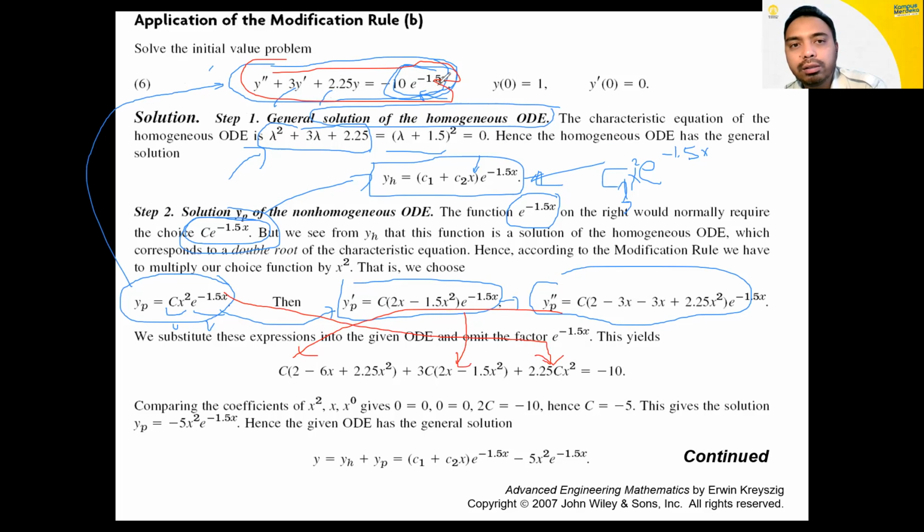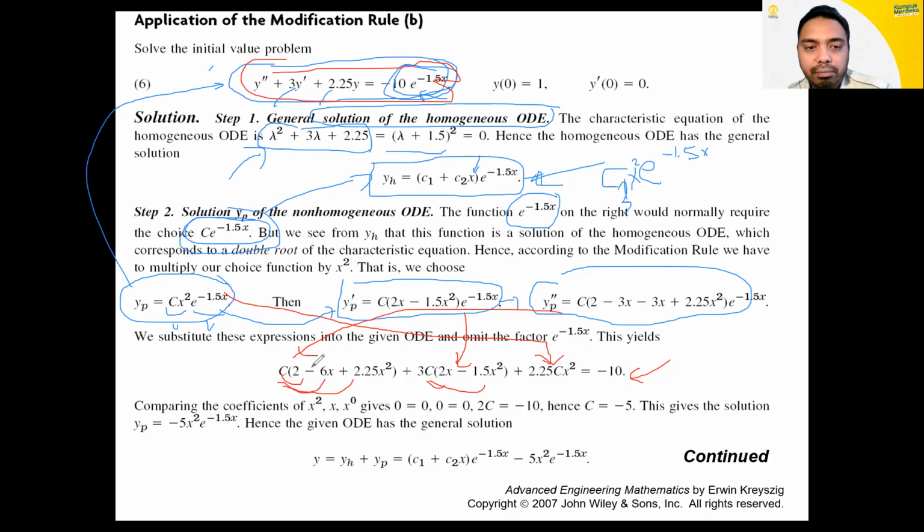You cancel all the e to the power of minus 1.5x by dividing with that, so you are able to get to this. And then with this expression, you can collect the same power terms. You have the x squared term. You need to multiply all of this first, or you can just look at what the x squared term will be.